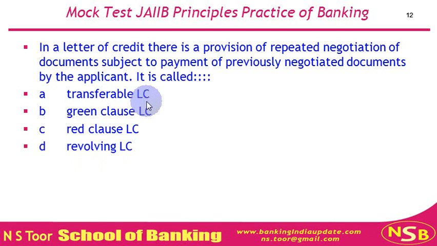In case of transferable LC, the LC can be transferred from one party to another, but negotiation is only once. In green clause LC, there is a provision for warehouse storage of goods. In case of red clause LC, there is a provision for availability of pre-shipment loan to the beneficiary. In case of revolving LC, negotiation can be made again and again, that is on a repeat basis.